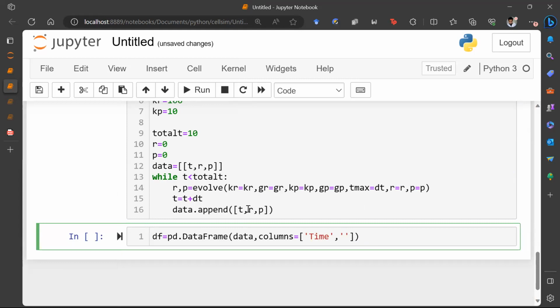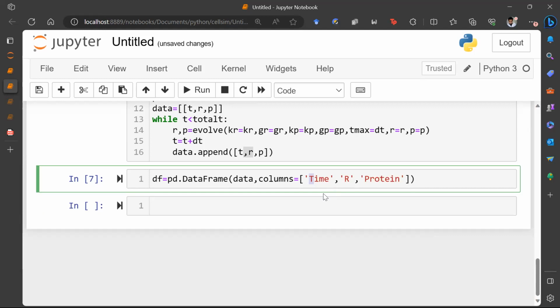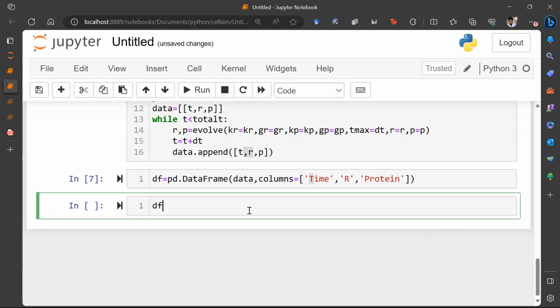So the first column is time, the second column is RNA, let's call it capital R. And the next is protein. For these pandas data frames, it's common to use a capital first letter, because usually the normal letters are for functions, and the capital letters are usually for the variables.